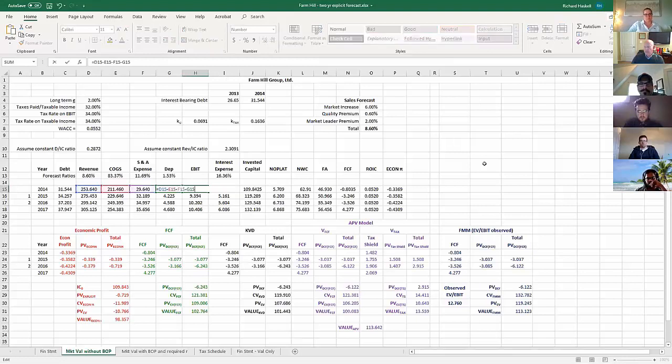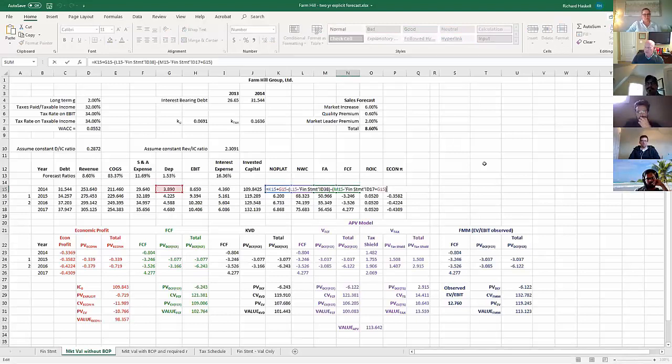EBIT, as I forecast it, is simply taking revenue minus those expense categories. NOPLAT is taking my EBIT times 1 minus my tax rate. And then net working capital, I have picked up from the statement. This is what I picked up from the statement.